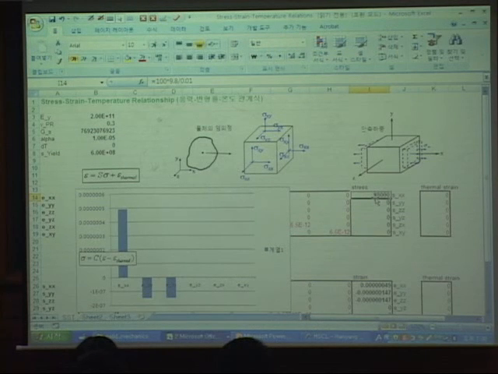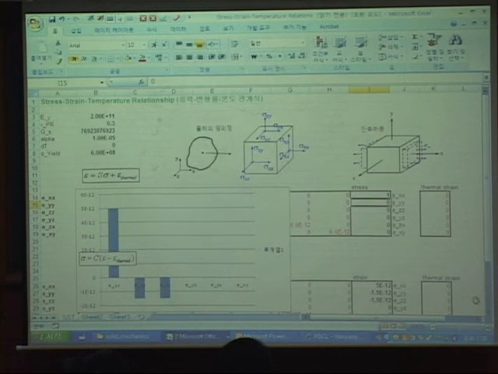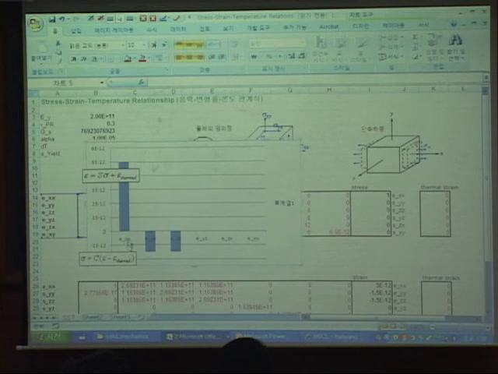Now I apply 1, 0, 0, 0, 0. Then as you can see, we have tension, the tensile strain in x direction, but in y direction you have a compression. Why? Contraction. Why is that?